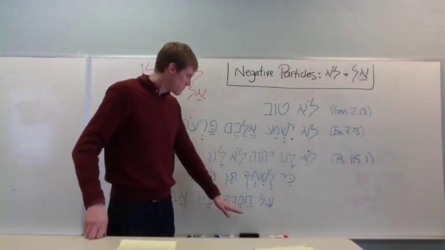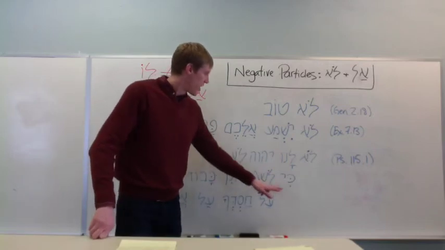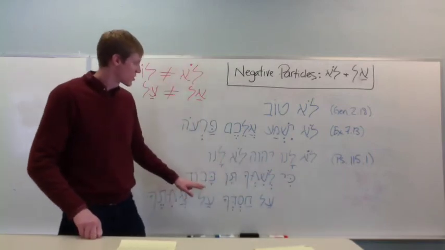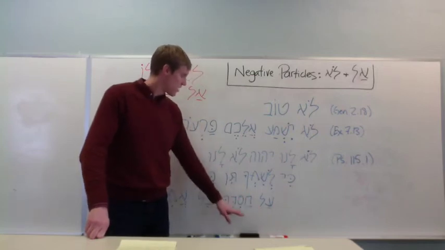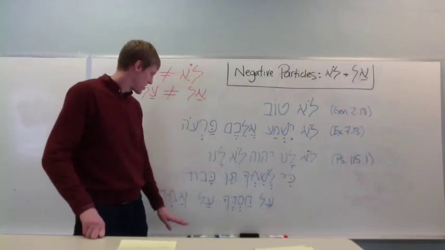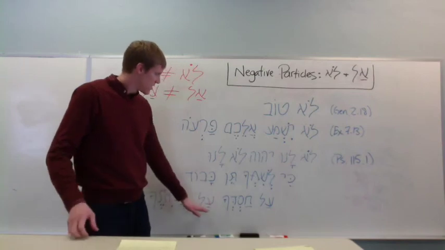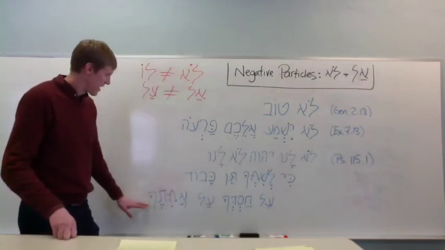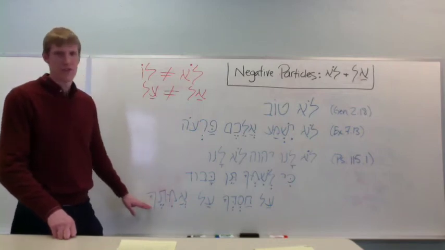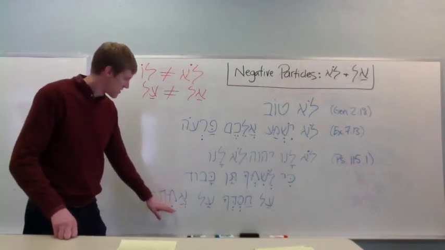But to your name give glory concerning or because of your love in action, and because of amitecha, your truth. Emet is the word truth.